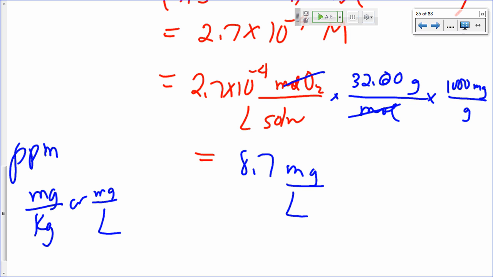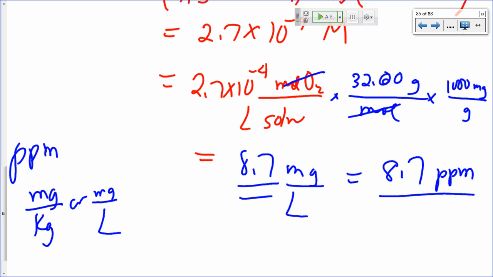Okay? Milligram per liter is ppm, provided the number that goes with it is a small number. When you're dealing with very dilute solutions, a liter of aqueous solution is essentially equivalent to a kilogram of solution, because water has a density of 1 kilogram per liter.